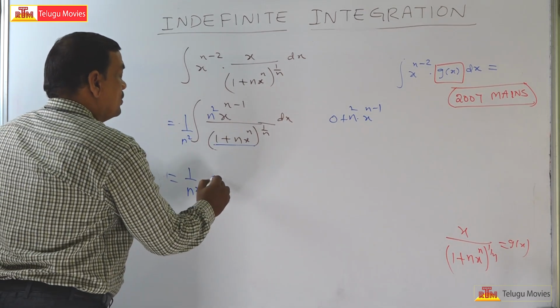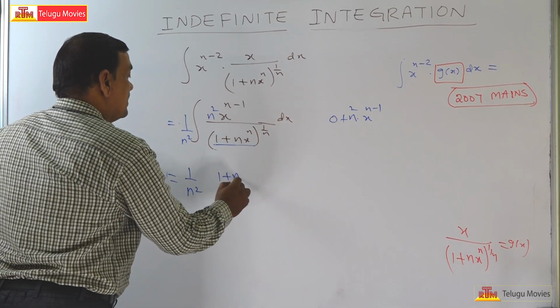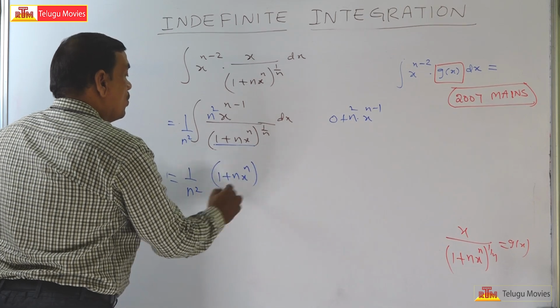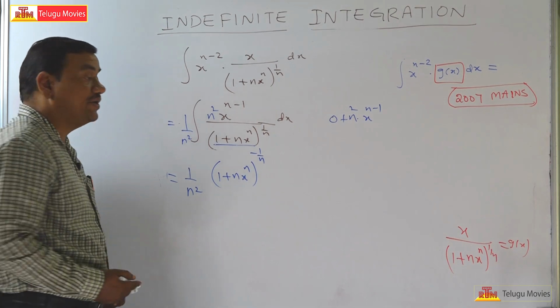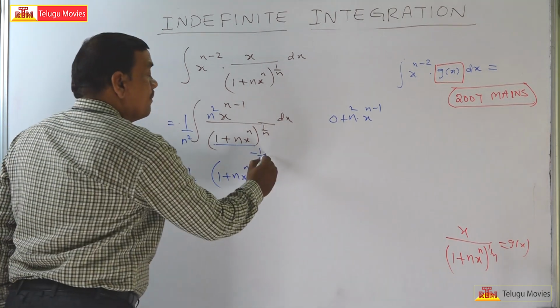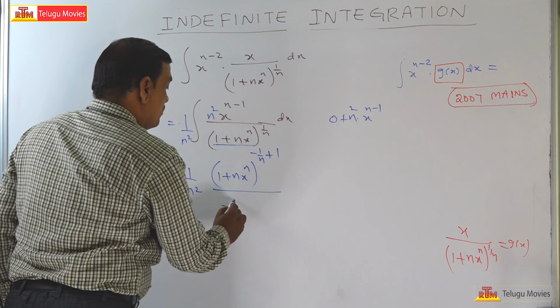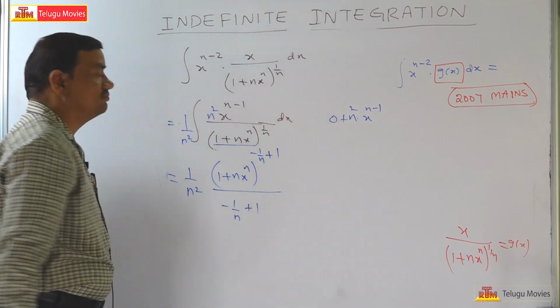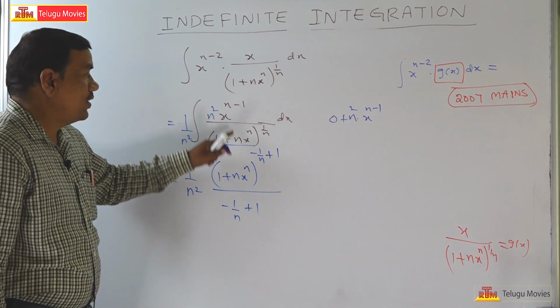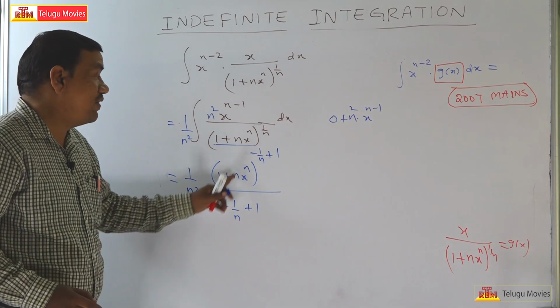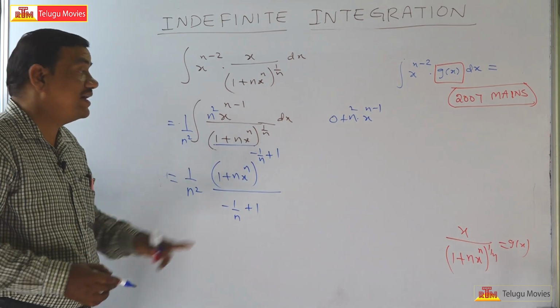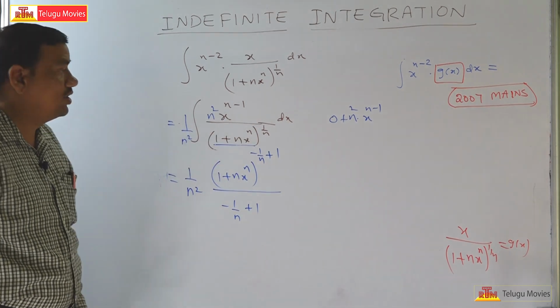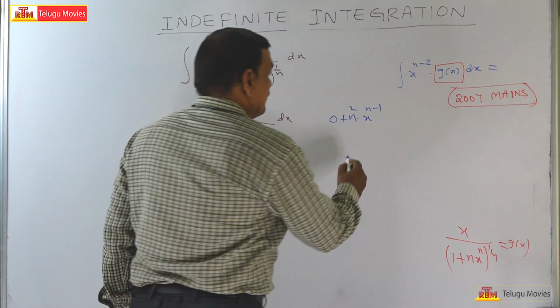So this is equal to nothing but (1 plus n into x power n) whole power minus 1 by n, which will come in the numerator. So what is the integral? Plus 1 upon minus 1 by n plus 1. Understand? So the integral of x power n is x power n plus 1 by n plus 1. Why? Because the derivative of 1 plus n into x power n is itself. Okay, right. Now we have one formula. What is that formula?